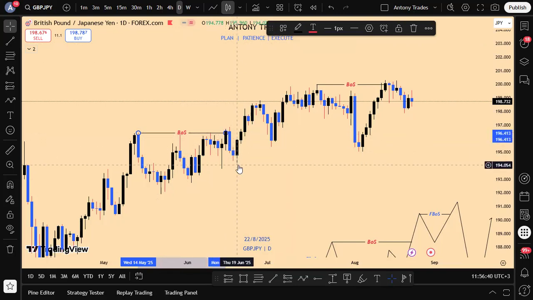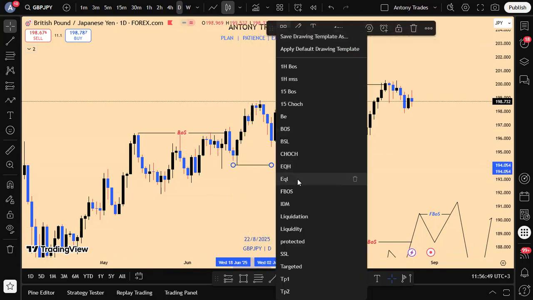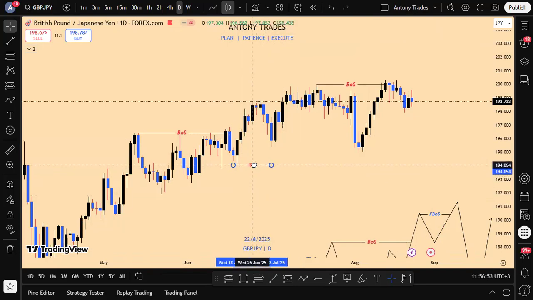So this becomes our major inducement. So this is our major inducement. So this low will act as our inducement.